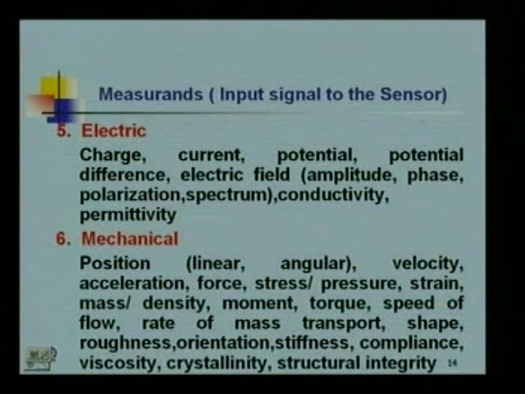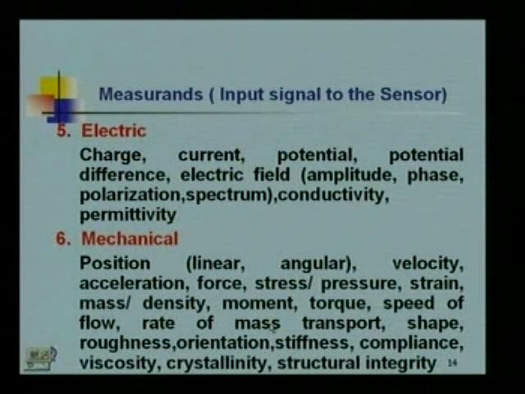Another one is mechanical energy or mechanical signal. It has an enormous number of measurements, like position. What do you mean by position? Position means linear movement or angular; both are called position.